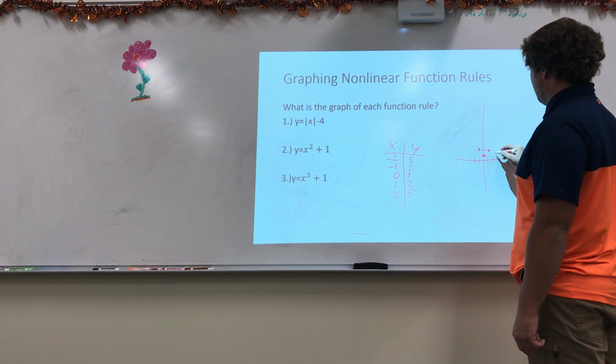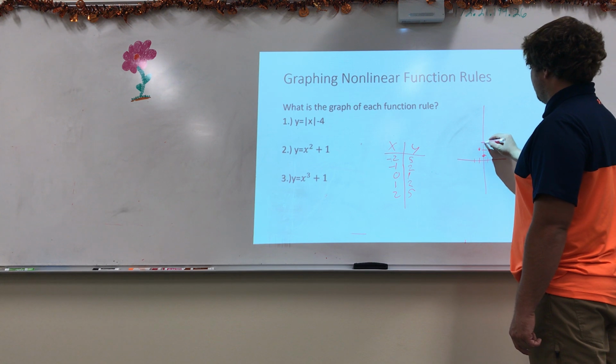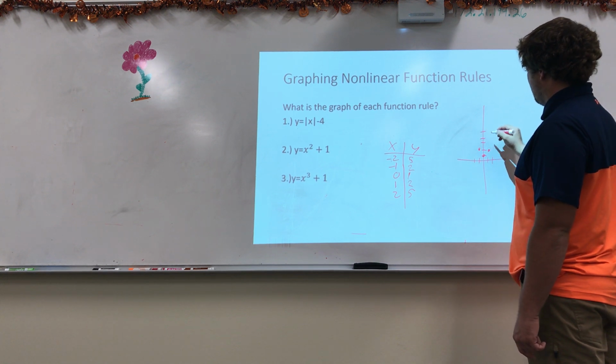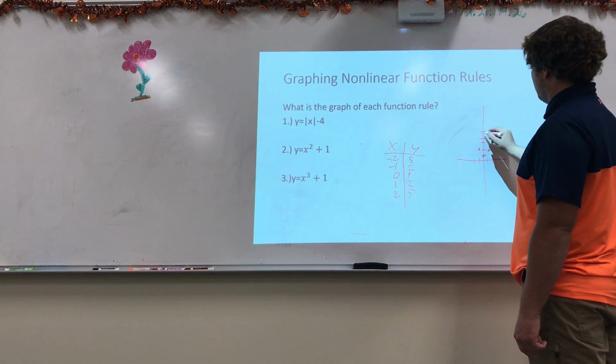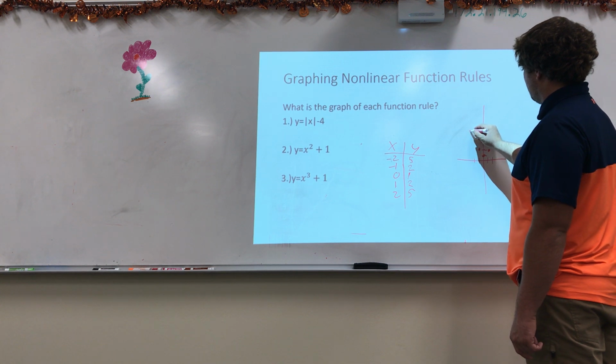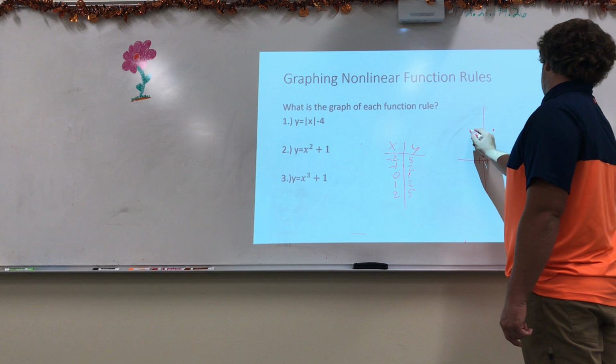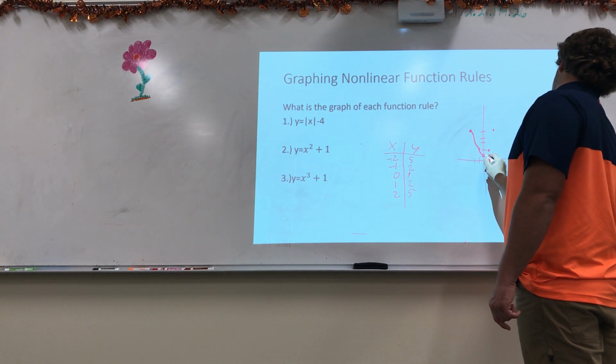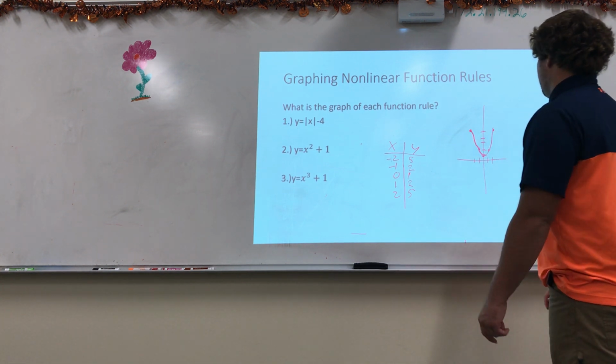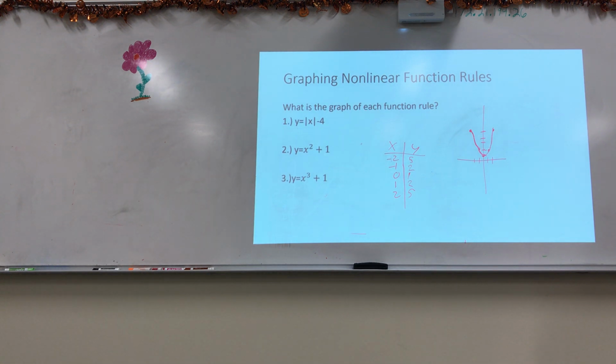Positive 1 would be right here. These would be at 5. It's going to be a U shape. Anything squared is going to be a U shape.